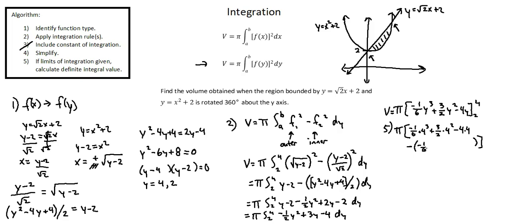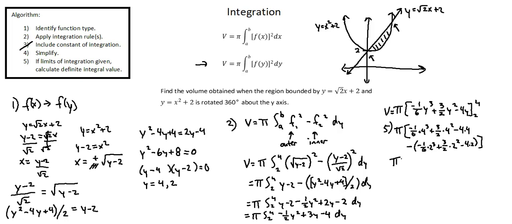Negative 1 over 6 times 2 to the power of 3, plus 3 over 2 times 2 to the power of 2, minus 4 times 2.